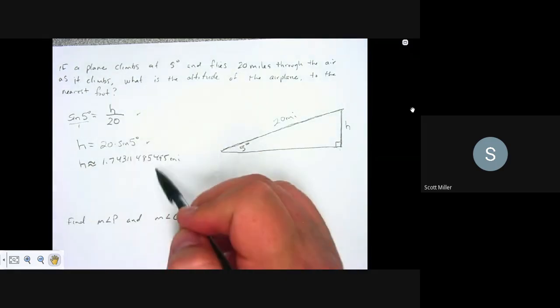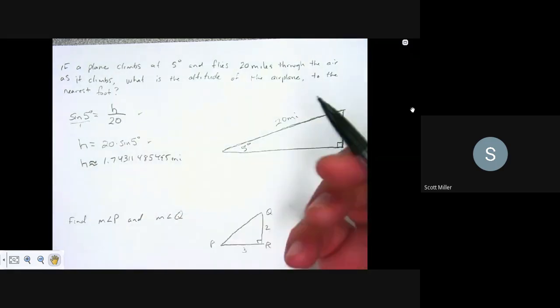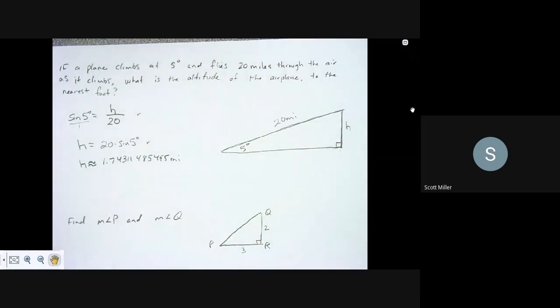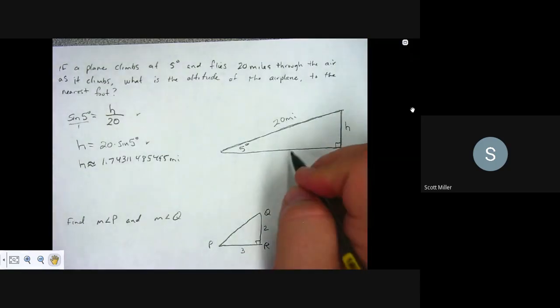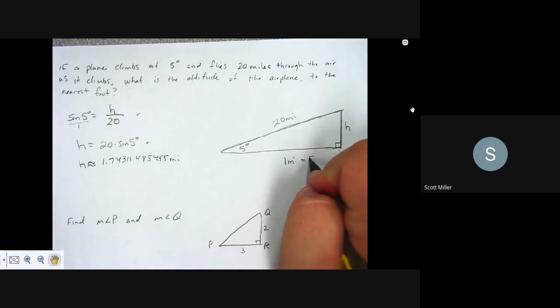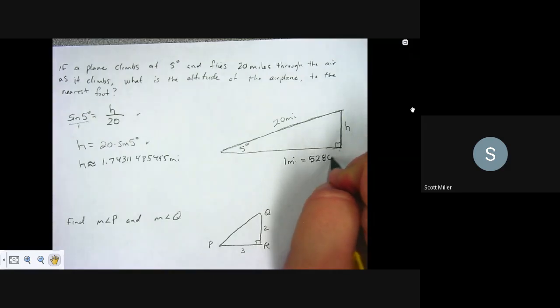To change something to feet is to write this number as an equivalent value, but in a different unit. To do that, we need to know how many feet are in a mile. So if you don't know this, here it is. It is a required number to know because we will do so many problems with it.